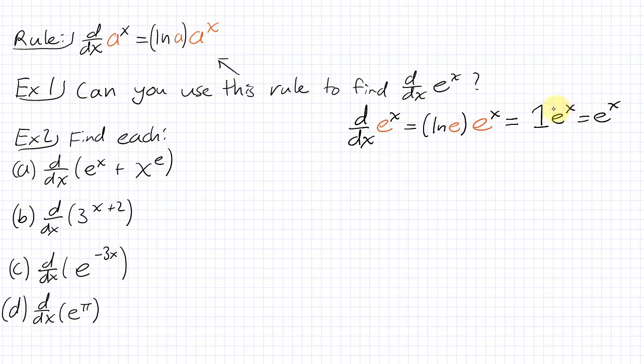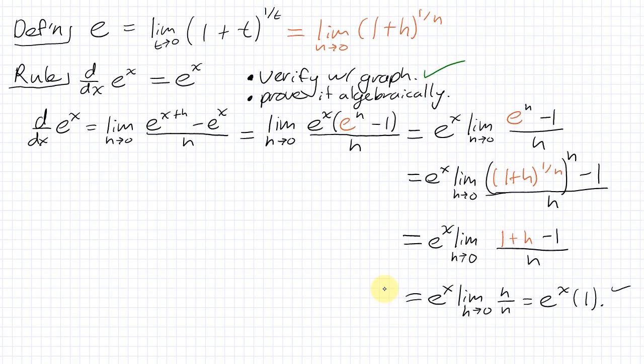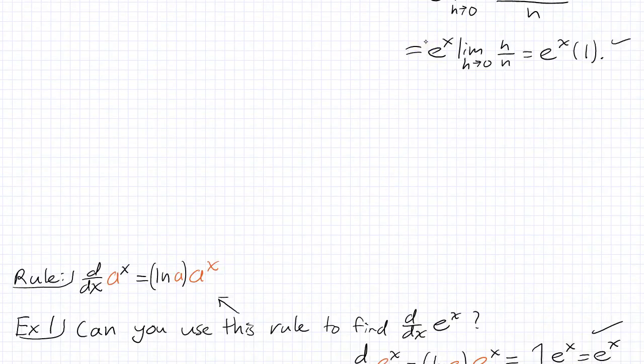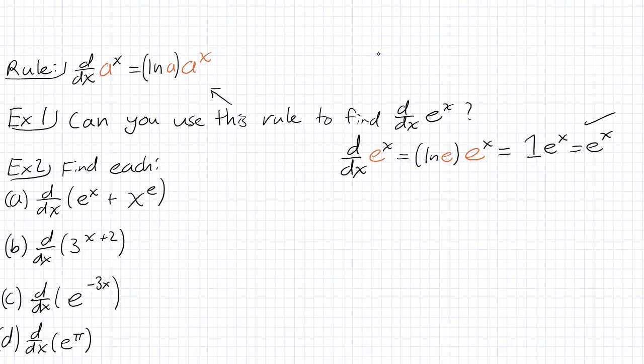So it actually still works out to just 1 times e to the x, which is the same thing as the rule said before, the original basic rule of just e to the x. So it's good to just try to use more than one rule to do a derivative. It will help you understand the relationship between them.